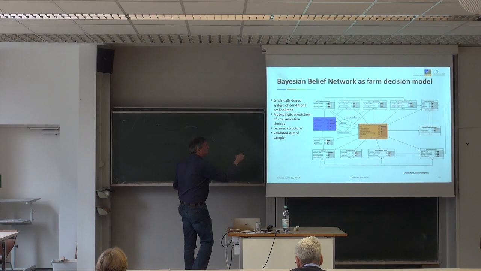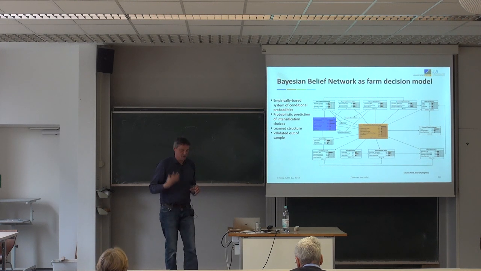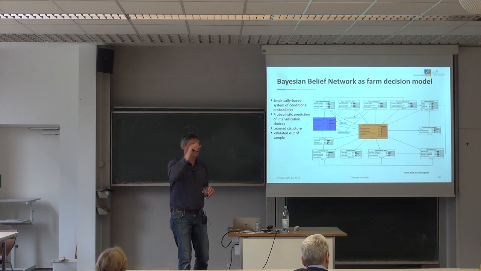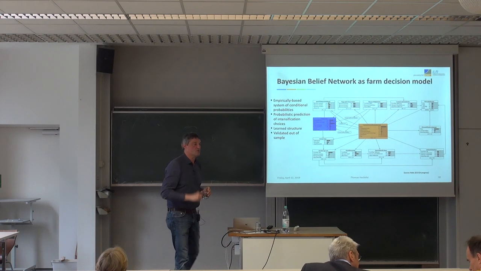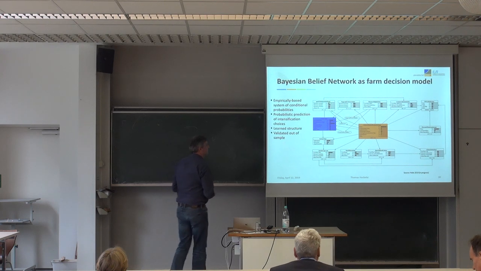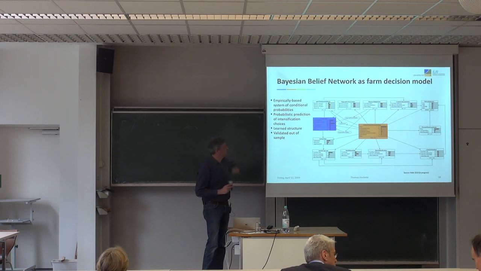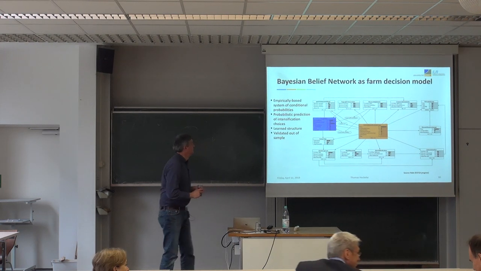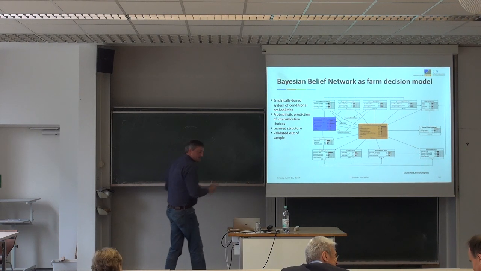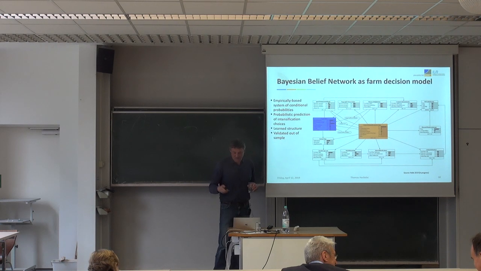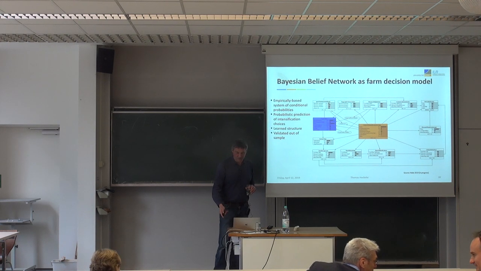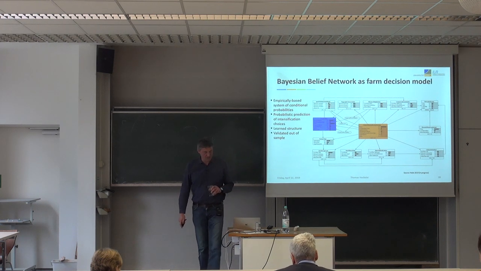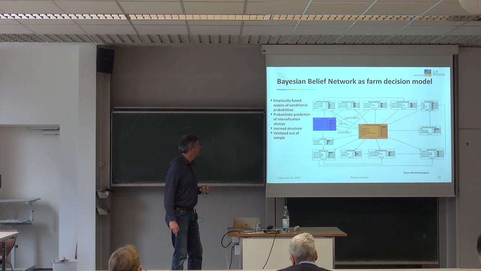It gives a probabilistic prediction of intensification choices. So we can say for these and these and these conditions, there are certain conditional probabilities to choose a certain intensification option. It can also be validated out of sample, which is what we did here. Just to give you an idea of what is behind just one agent in such an ABM.